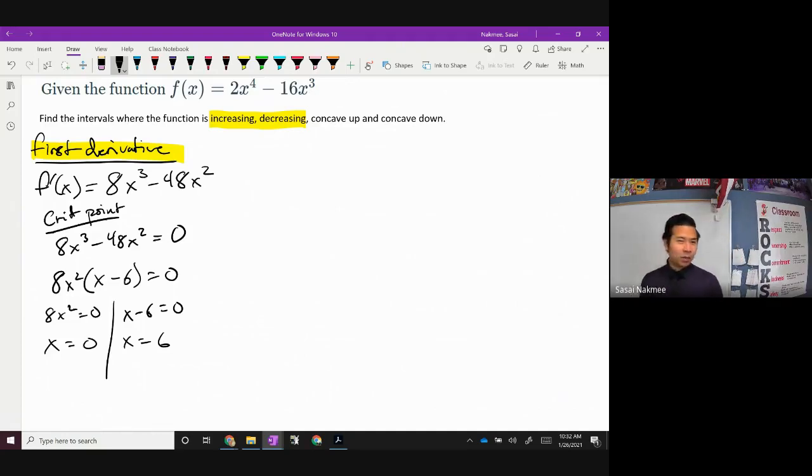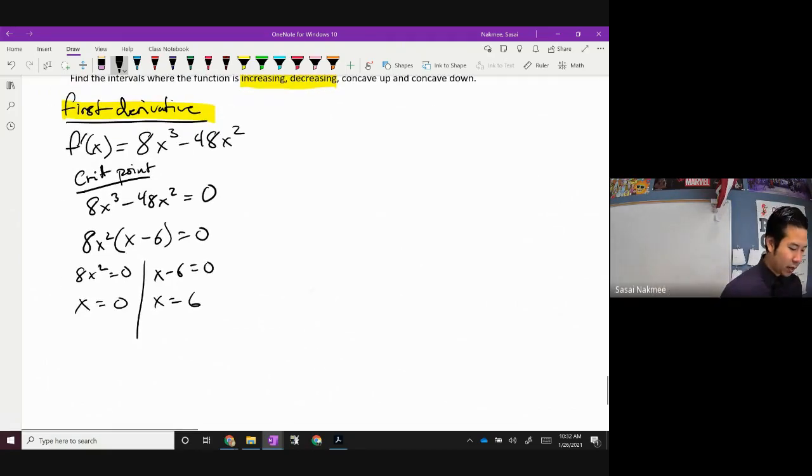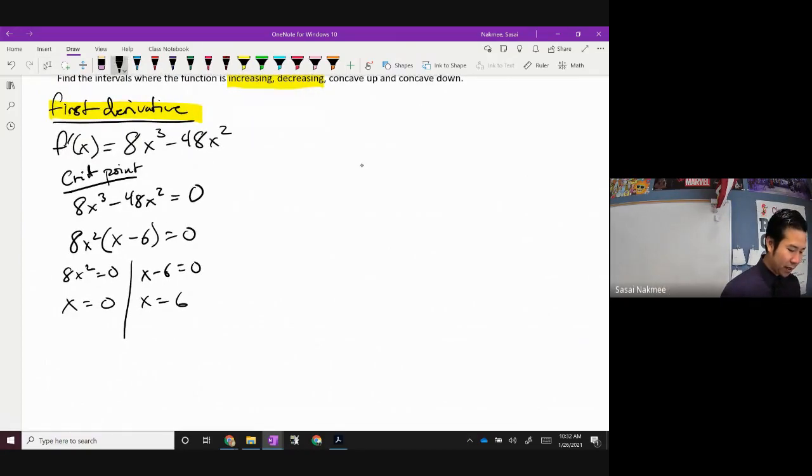With that, we need to figure out when it is increasing and when it is decreasing. We just use our signs. You have two intervals here, or actually, I should say we have three intervals here. Is it two intervals? Wait, is it just two intervals or is it three? It's hard for me to see this if I don't actually draw it out.